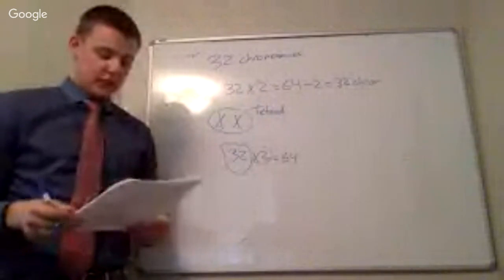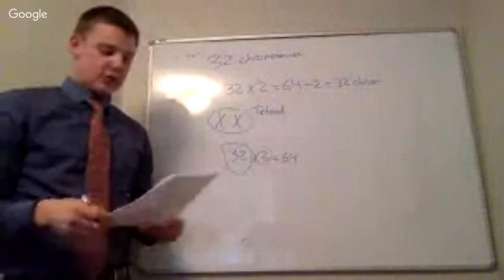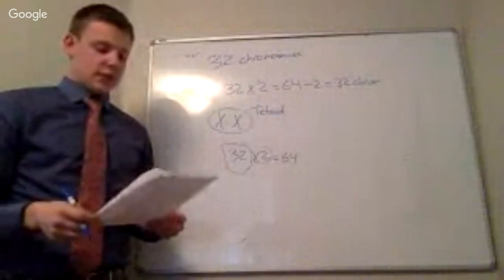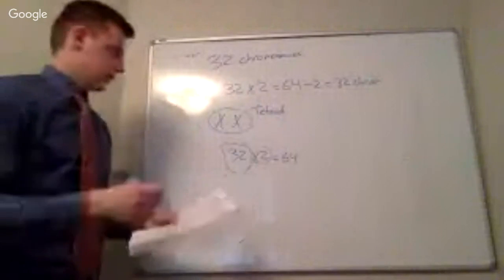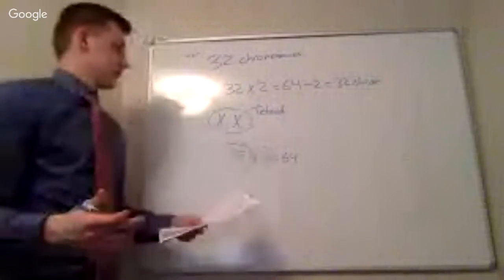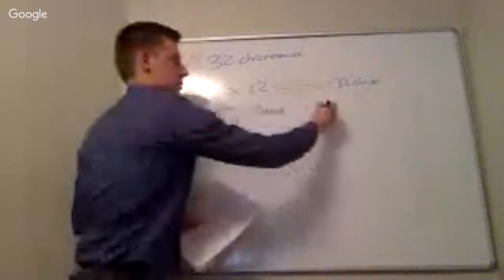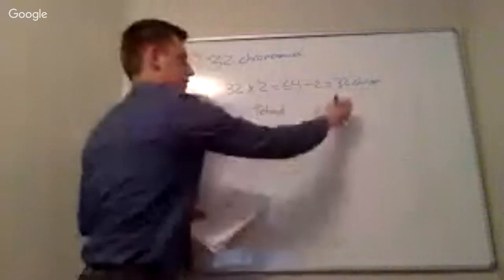Let's see, how many sister chromatids are present per horse cell during metaphase 2 of meiosis? Now, we have to realize that once it's already gone through, it's already split itself in half. And so it's gone from 64 chromosomes, so I'm just going to write this, we've divided by 2.